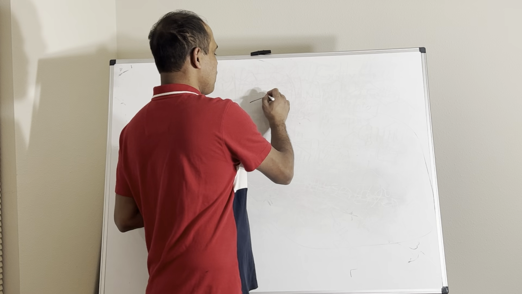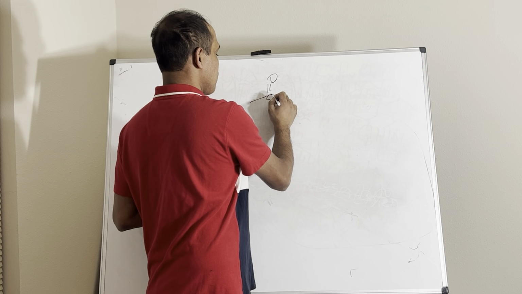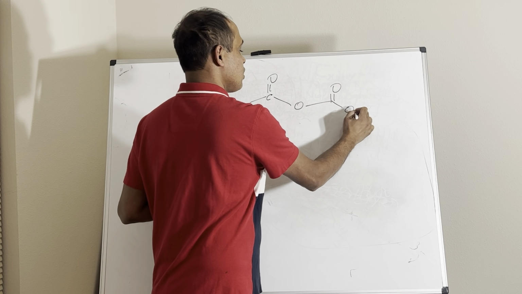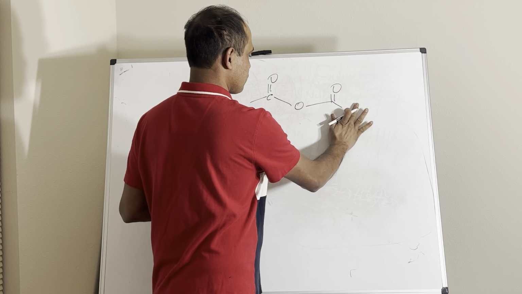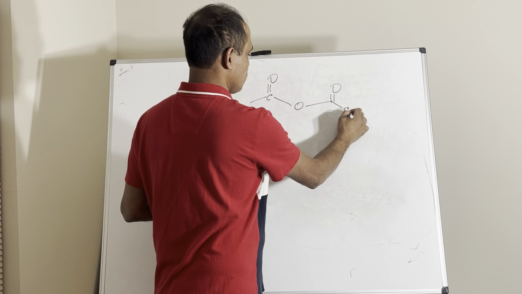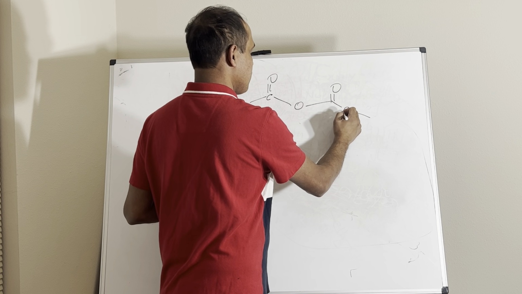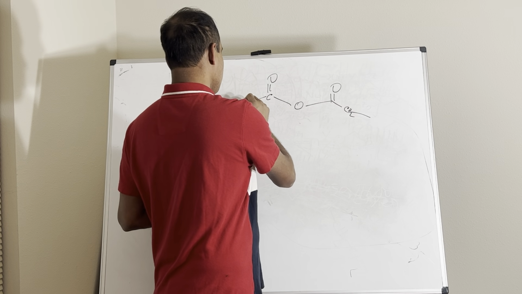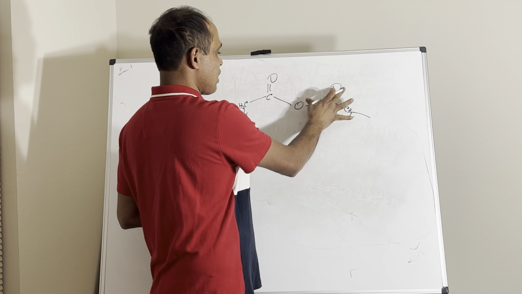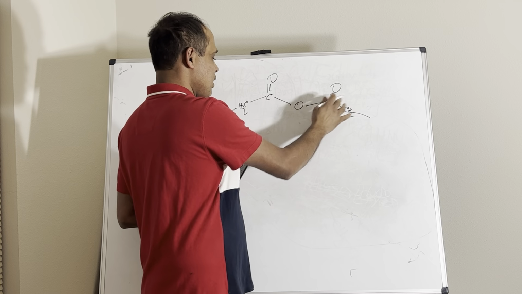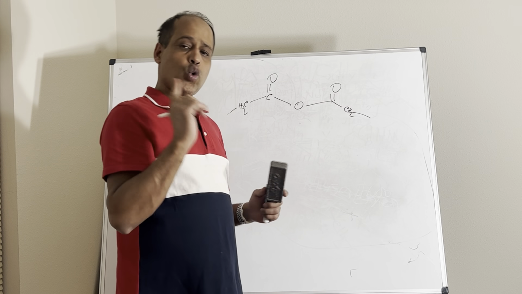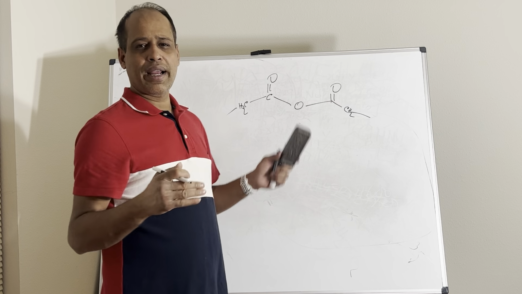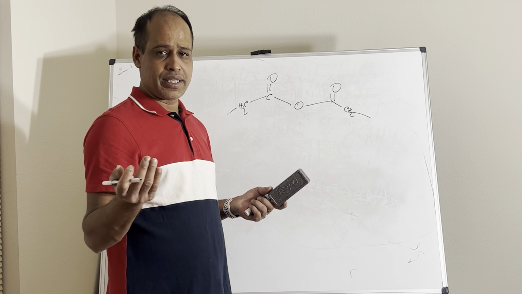If you have a molecule like C double bond O, and another one like this, with CH2, something like this, this is an anhydride. In that case, you will see two carbonyl peaks. One is around 1750, and another will be around 1900 or 1880.